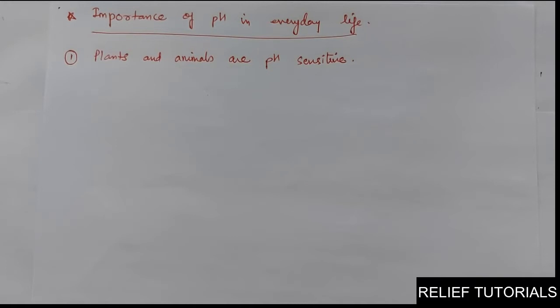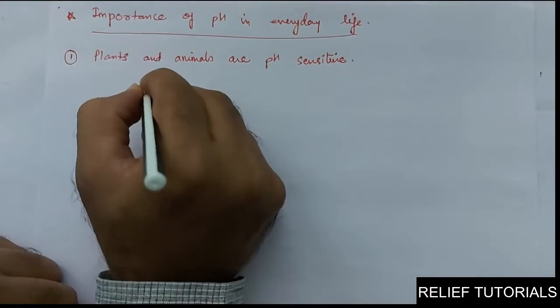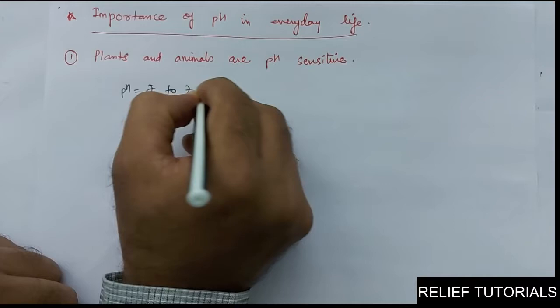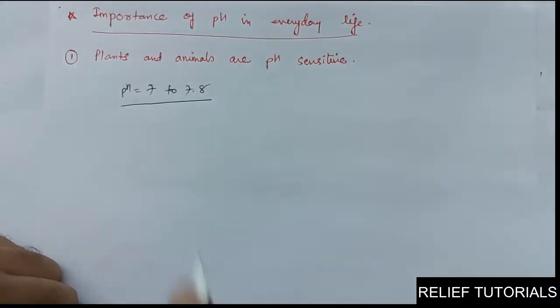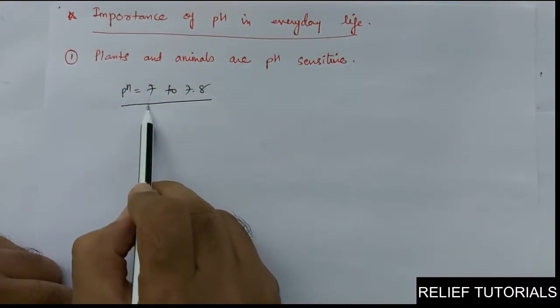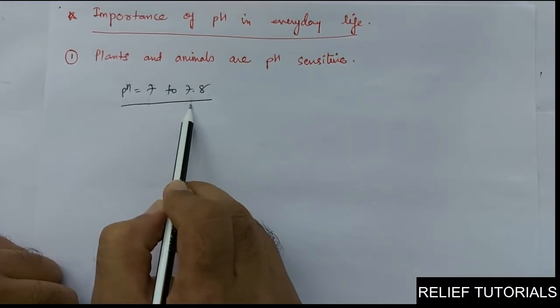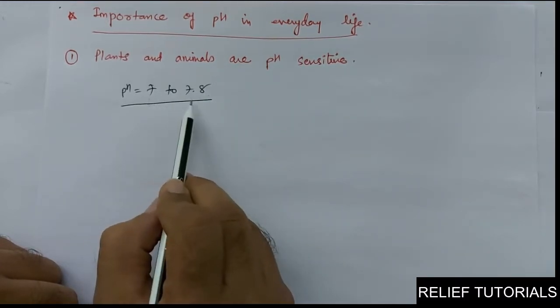See, most of the metabolic activity in our body occurs in the pH range of 7 to 7.8. If you see this range, pH 7 means neutral and pH 7.8 is nearly neutral but slightly towards basic.